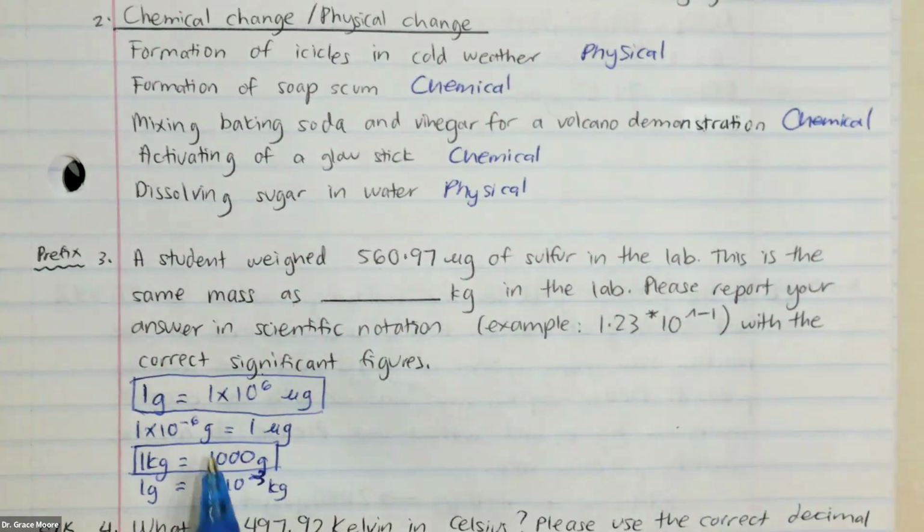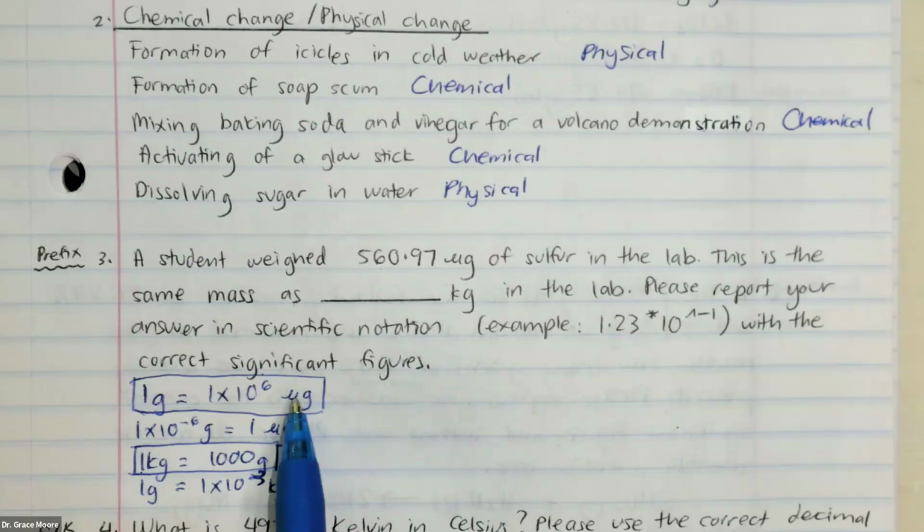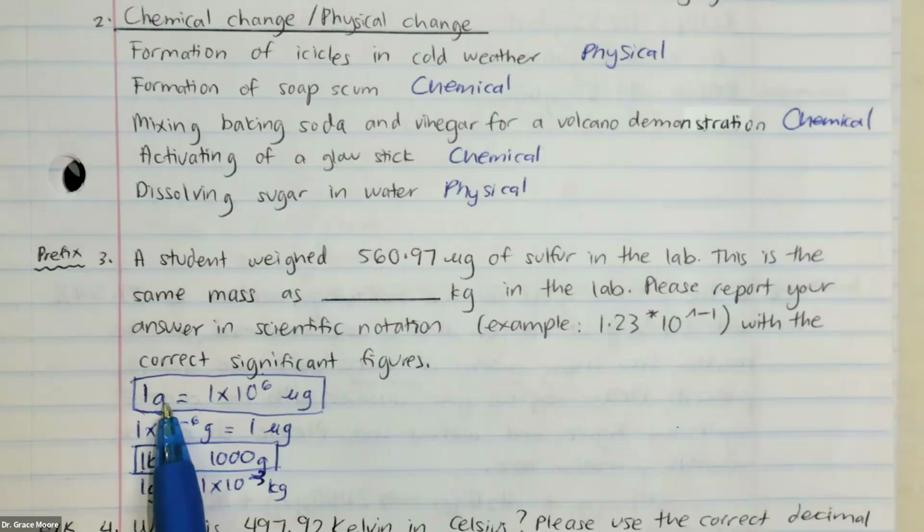Okay? Now, these are the same thing, whether I write 1 gram over 1 times 10 to the power 6 microgram, or I write 1 times 10 to the power 6 microgram divided by 1 gram, they're the same thing, so it doesn't matter which one you put on top or bottom. Same idea here, 1 kilogram is always equal to 1,000 grams. Top or bottom doesn't matter. I can put kilograms on the top, or I can put kilograms on the bottom, depending on the equation.